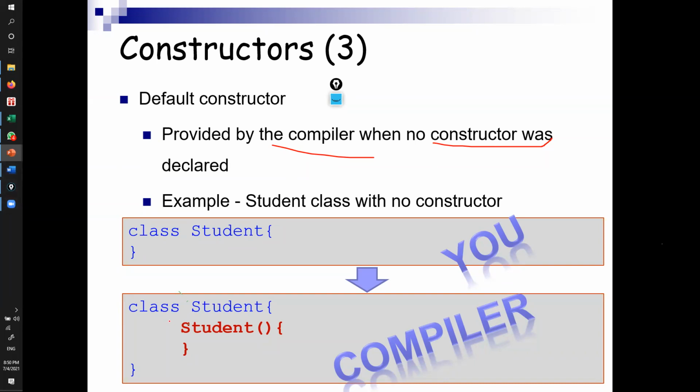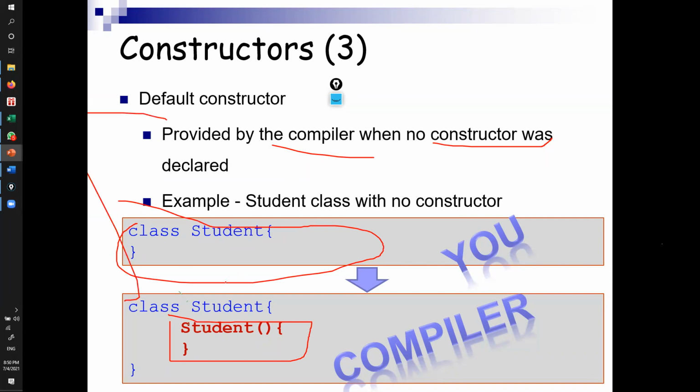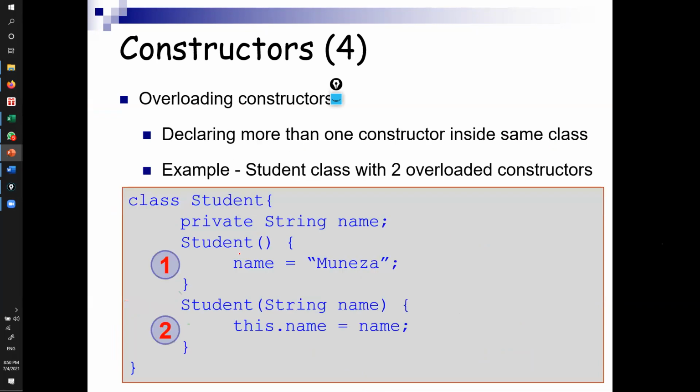You write your program like this one, but the compiler will treat it as you can see here. So look at this as your code and look at this as what the compiler has. If you don't specify any constructor, the compiler will create the default constructor.